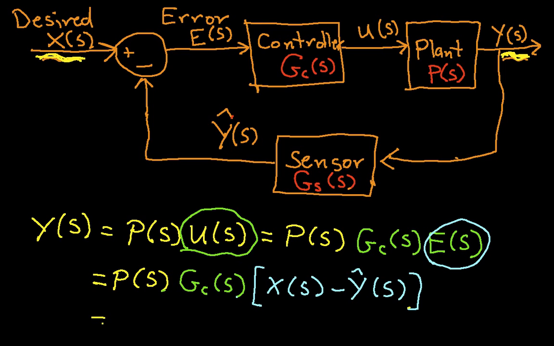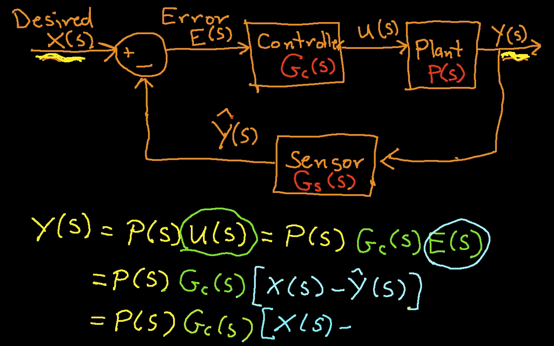Okay, so we'll rewrite this all one more time. Now this is a lot of work to go to, but the colors are so beautiful that we have to do it this way. Okay, so we'll finish up with a hot pink here. Y hat of s is equal to Gs of s times Y of s.